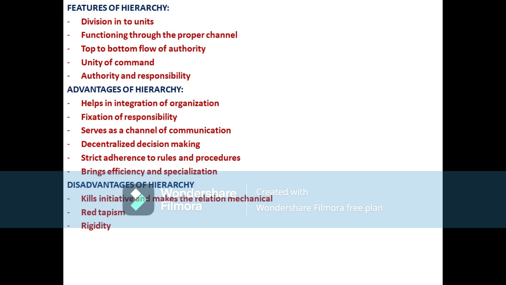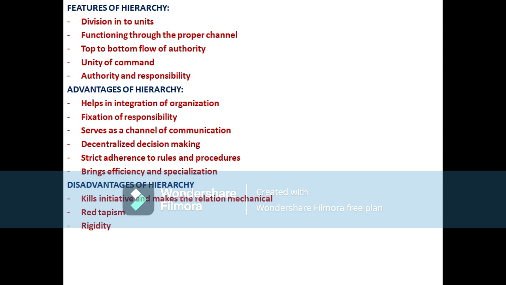So this is decentralization of power. Ultimately it is advantageous for the organization. Whenever the situation demands, the managers can take their decisions. So definitely this will be helpful in saving time, cost reduction, etc.